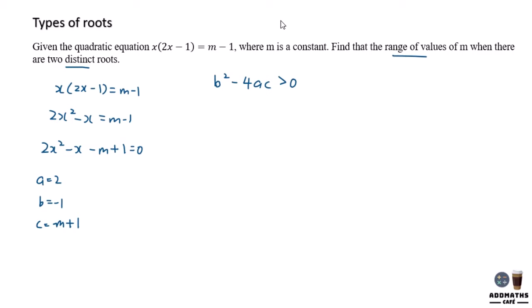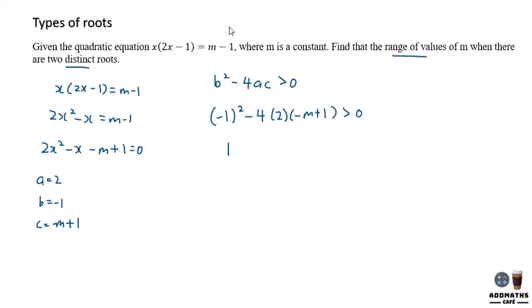So in this case, let's apply the values. Alright, so this is the value, and it is applied into the formula. So negative 1 squared, you'll get 1.